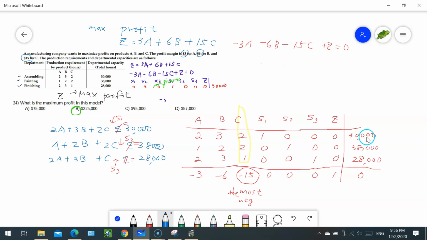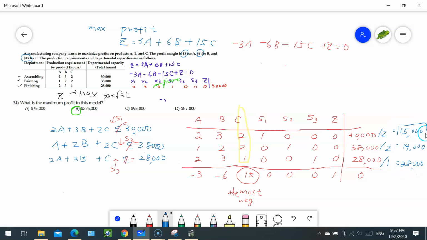So that means I'm going to divide 30,000 by 2, this 2. 38,000 divided by 2. 28,000 divided by 1. And the ratio, it has 15,000. The second one has 19,000. The third one has 28,000.